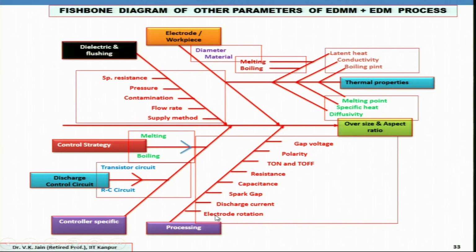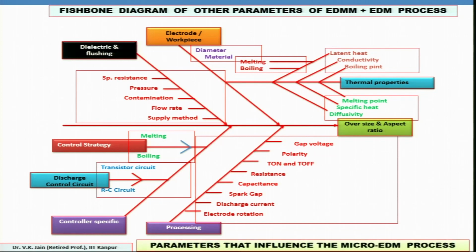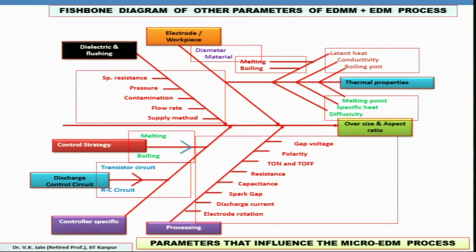Then processing: electrode rotation, discharge current, the electrode may rotate, may not rotate depending upon your requirement, spark gap, capacitance, resistance, T on time and T off time, polarity and gap voltage. Polarity means whether the tool is positive or negative. So, these are very important process parameters for any EDM and EDMM process.